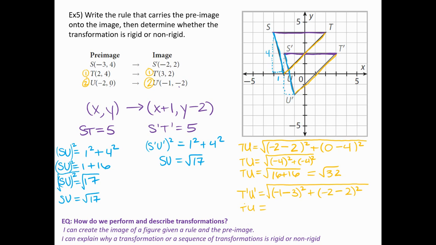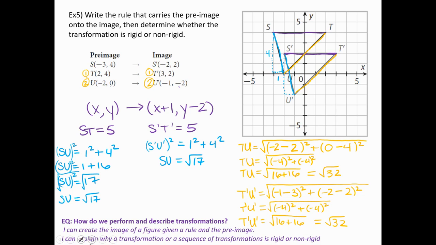So T prime U prime is the square root of -4 squared plus -4 squared. Right there, you should notice that that matches what we had before, but I will still show a little bit more work here and say, hey, this is the square root of 16 plus 16, or square root 32.